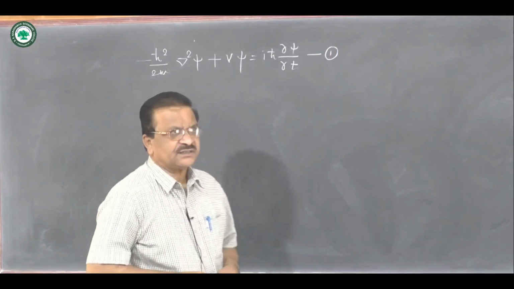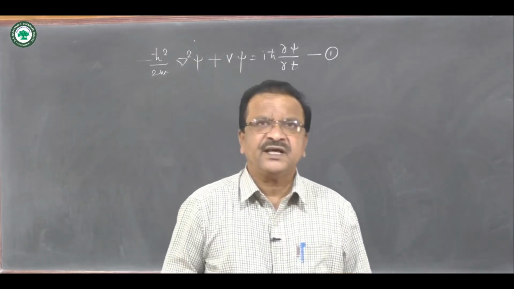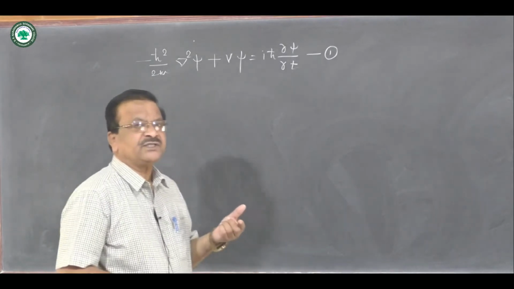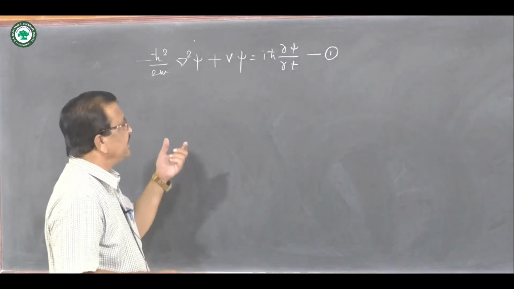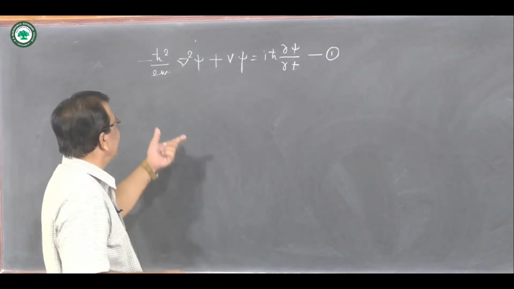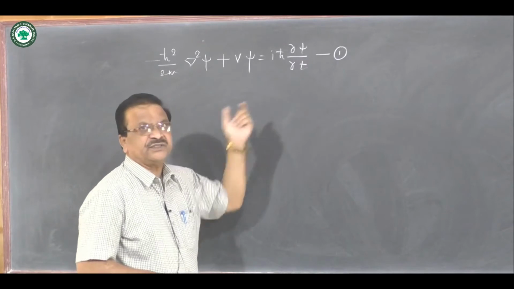So this is Schrodinger's time dependent wave equation in 3 dimensions. The way to remember this equation is that it gives us the total energy of a quantum mechanical system: kinetic energy plus potential energy equal to total energy.